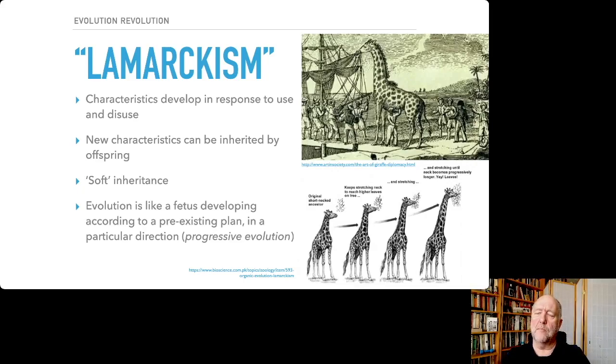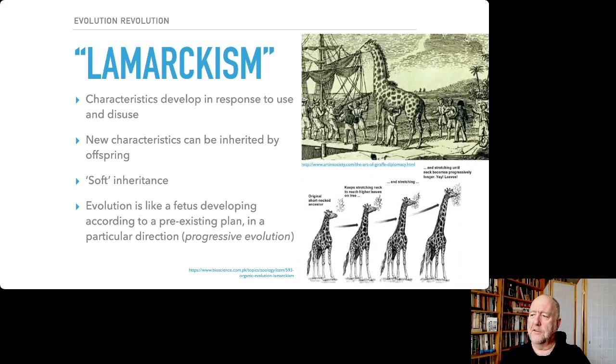That is to say, there was some property either interior to the animal or imposed on it from without, usually by God or physical necessity, that pushed the evolution of things in a particular direction, so that they were constantly becoming more perfect or more complex and so on. Remember, we saw that when we looked at Eric Chaisson's cosmic evolution earlier. And this is basically just the great chain of being turned on its side and made temporal, right, a process rather than a static plan.